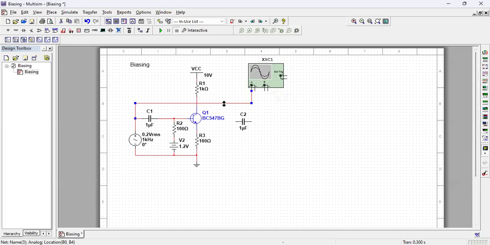The oscilloscope, I put the oscilloscope wire a little up so that you don't have any problem to see. And this is the capacitor.